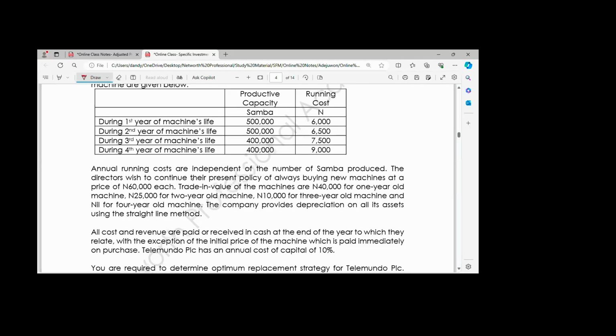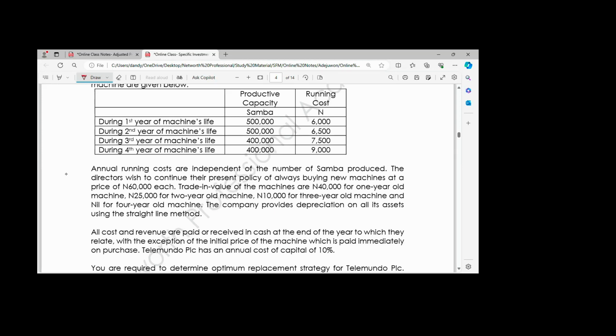Annual running costs are independent of the number of Samba produced. The directors wish to continue their present policy of always buying new machines at a price of 60,000 naira each. Trade-in values of the machines are 40,000 naira for a 1-year-old machine, 25,000 naira for a 2-year-old machine, 10,000 naira for a 3-year-old machine, and nil for a 4-year-old machine.